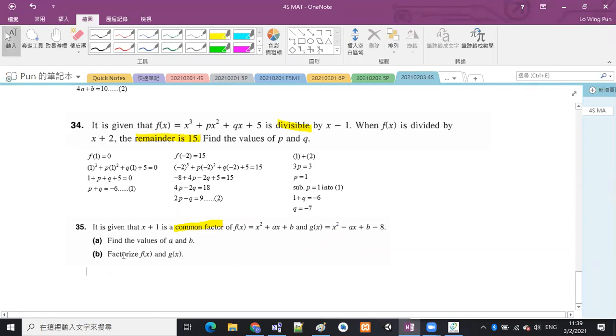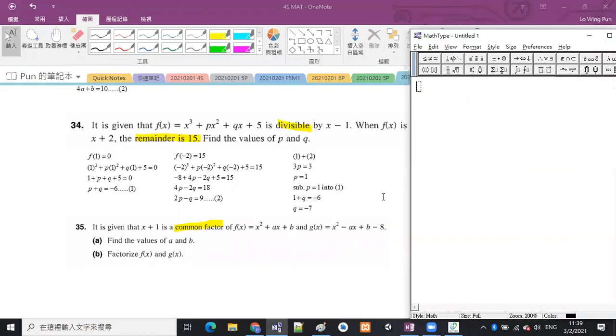So f negative 1 should be 0, right? And g negative 1 should also be equal to 0. Okay? Common factor, right? But we just do it the same way.